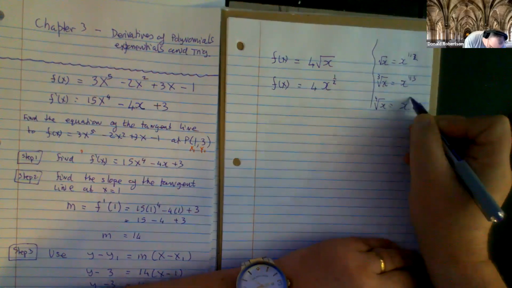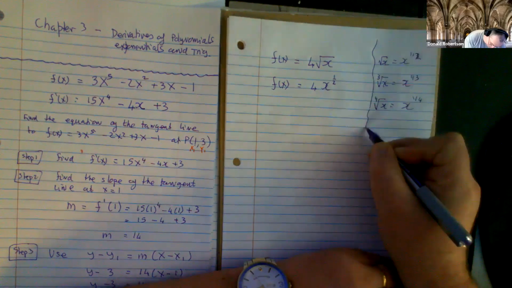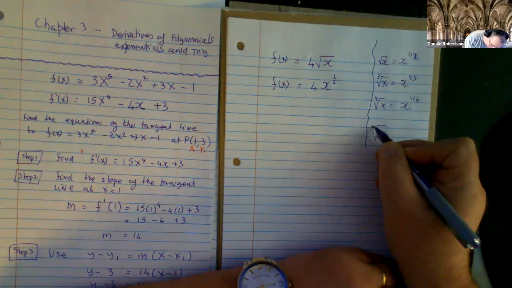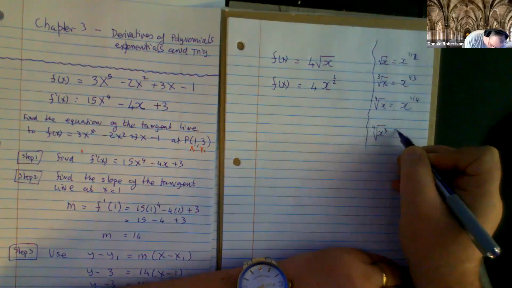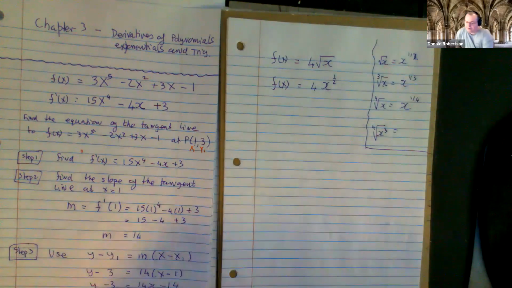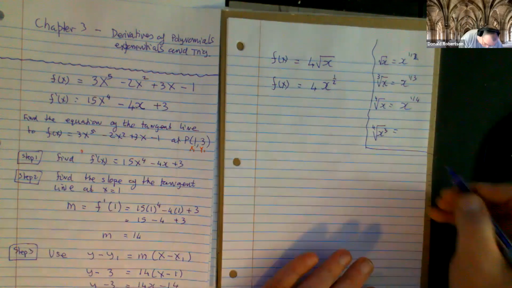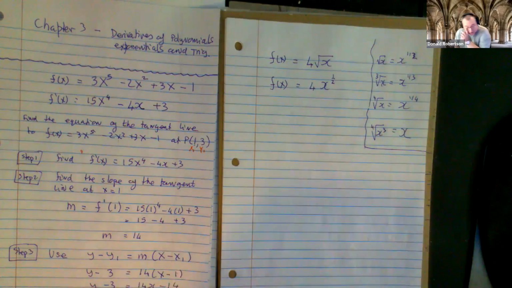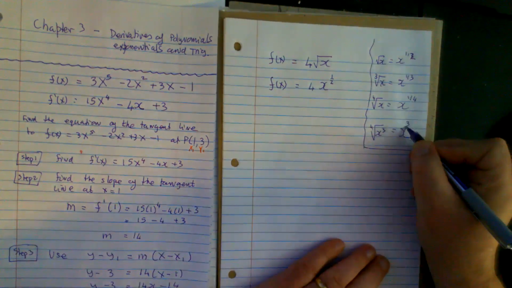A 4th root is a 1/4 power. What would the 4th root of x cubed be as a fractional power of x? The 4th root of x cubed. 3/4, or x to 3/4.